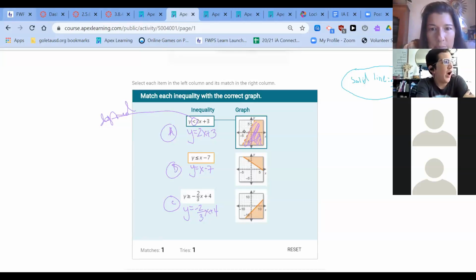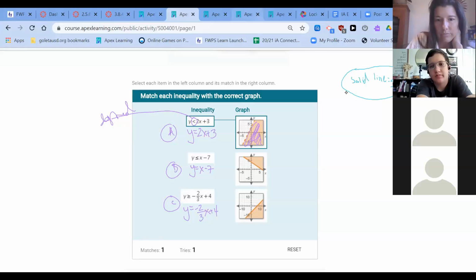All right, so what about B and C? What is the difference here? Both of these are solid lines. One is graphed above and one is graphed below. If the arrow is pointing to the right, then it's going to be above. Okay, so this is a less than, so it's going to be shaded below. There we go, good.